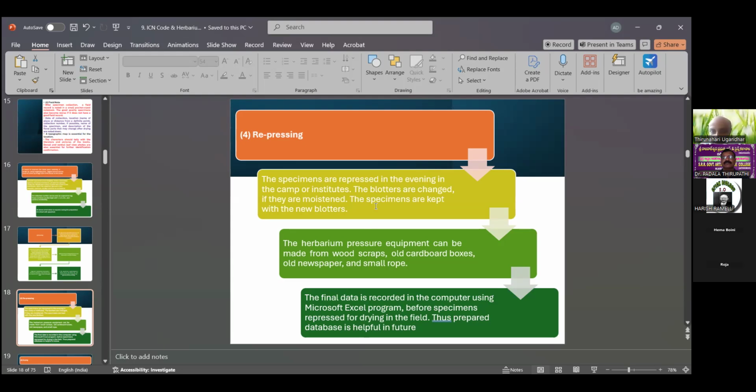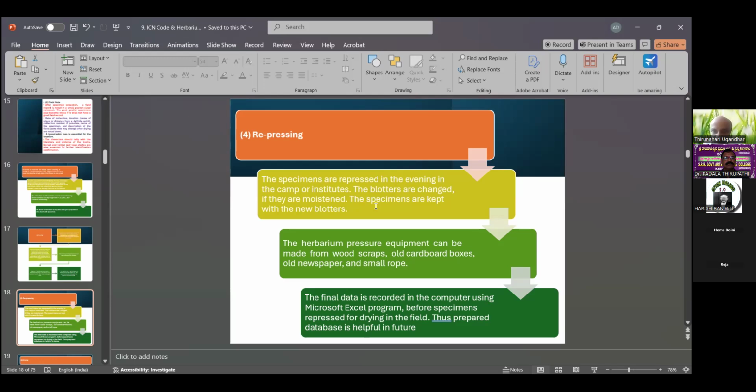The specimens are kept with new blotters, and old blotters are replaced by new ones when the leaves are completely dry.